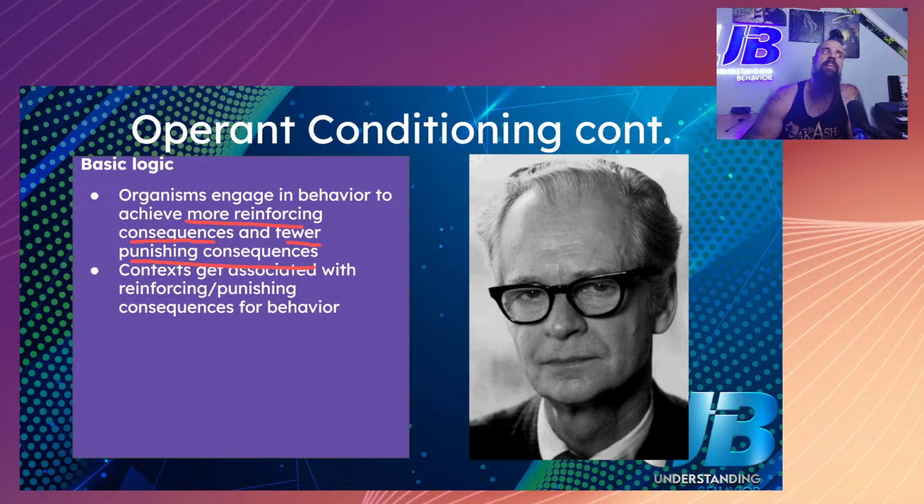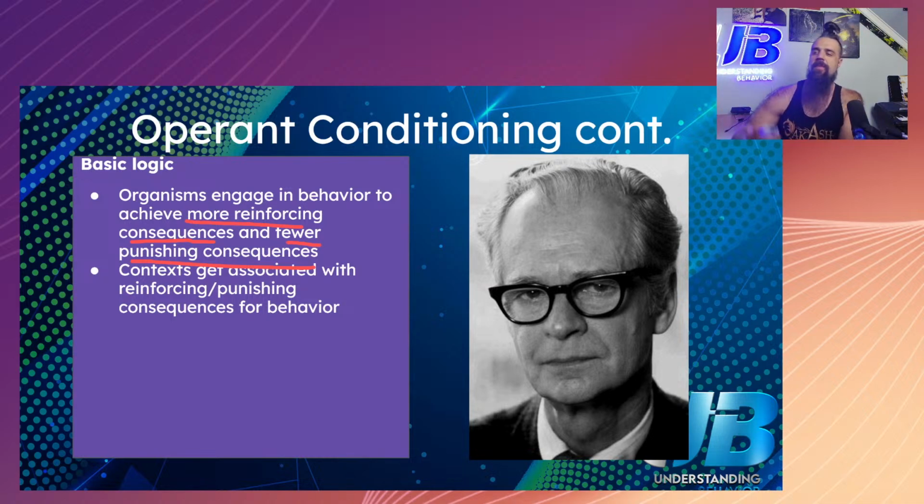When we look at our basic contingency, these different contexts or antecedents get associated with reinforcing or punishing consequences for behavior. So they can gain certain powers. For example, this soda can is empty right now. So this is serving as an abative effect for my behavior, because if I try to drink from this, I don't get anything out of it.